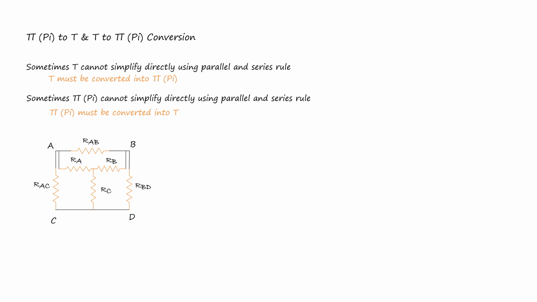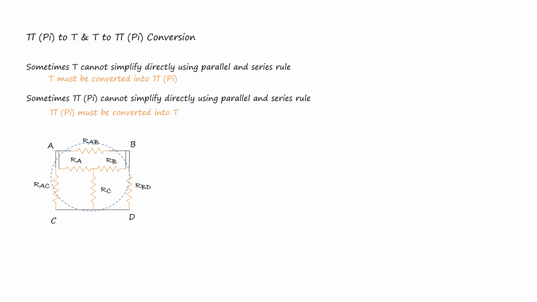So in this pi network, we have the resistors RAB, RBD, RAC. In the T network, we have resistors RA, RB, and RC.